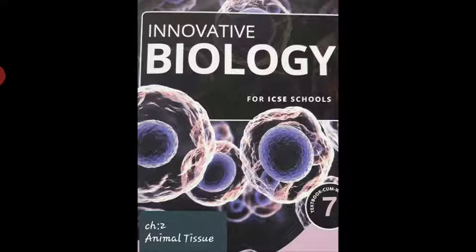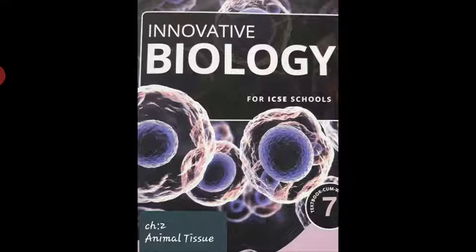So a group of similar kinds of cells comes together and performs specific functions, and these are called tissues. Such tissues perform functions in the animal's body as well.